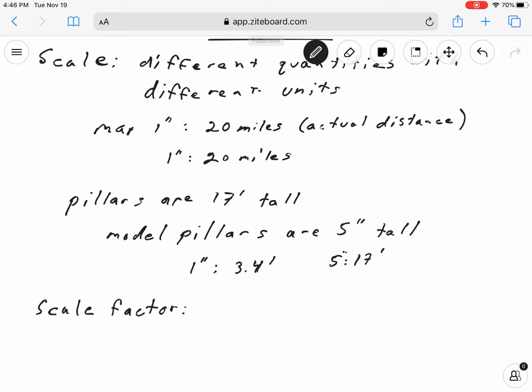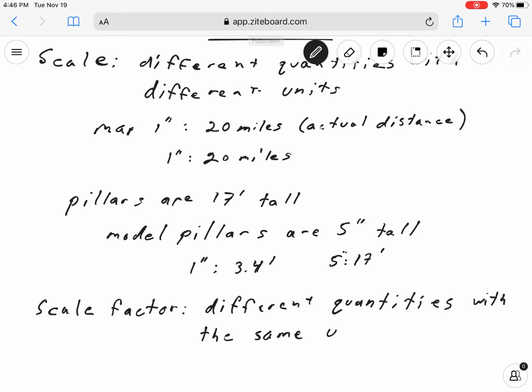So that is different quantities with the same units. Often this is used to enlarge something that's small.